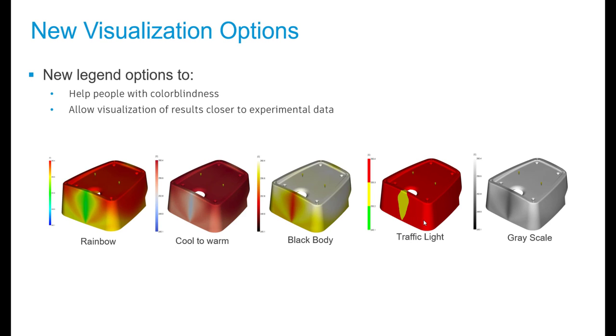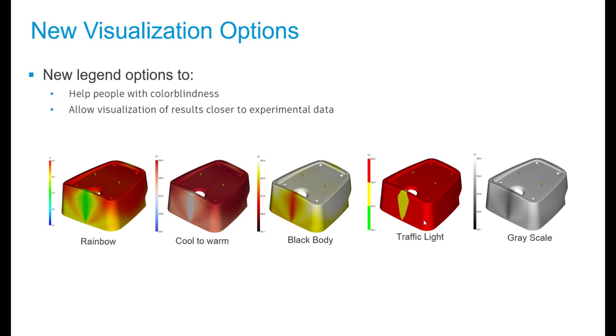One of them is if you're colorblind and certain colors are not easily identifiable as others, then maybe some of the new color bars allow you to get better insights or give you better contrast in what's actually happening. Another way is to look at certain data in ways that are much closer to what you normally observe experimentally.